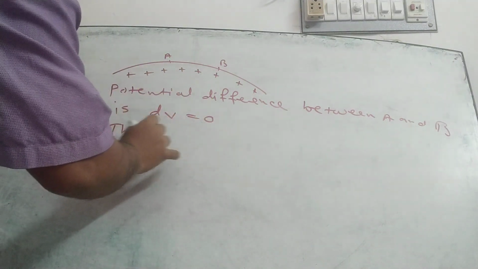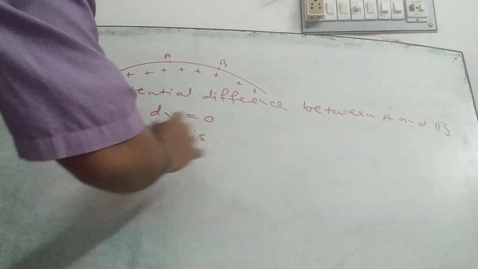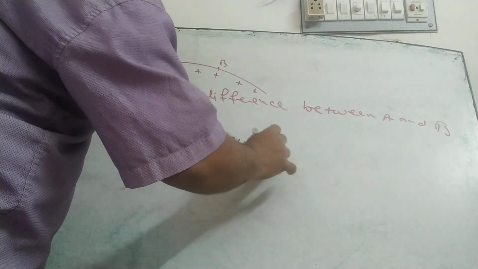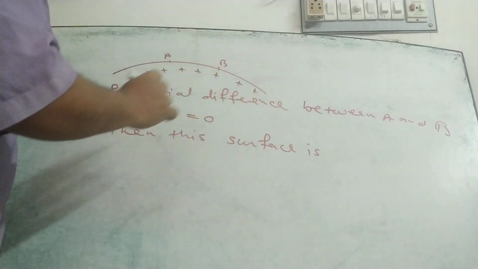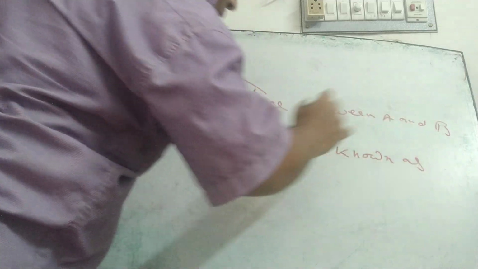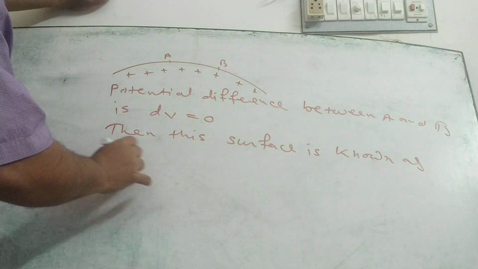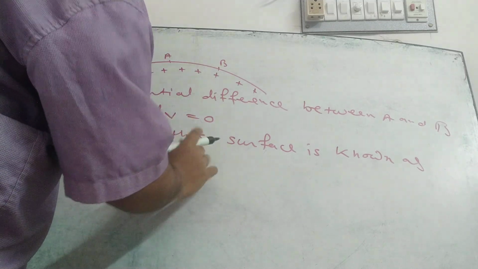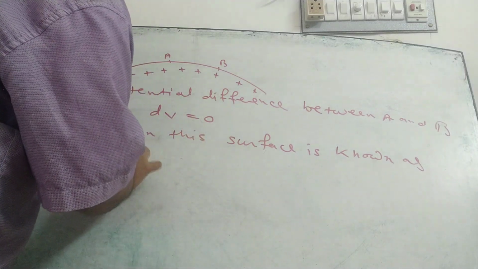Then this surface is known as an equipotential surface.